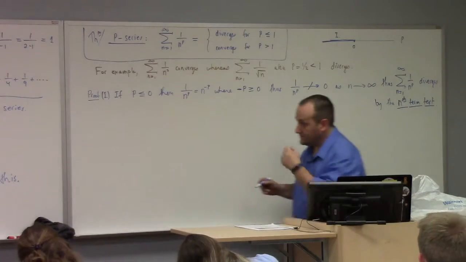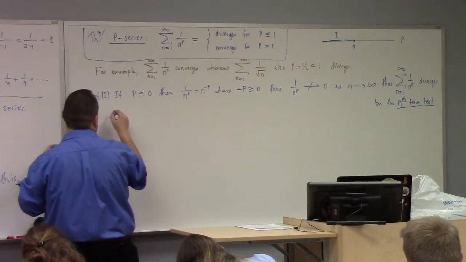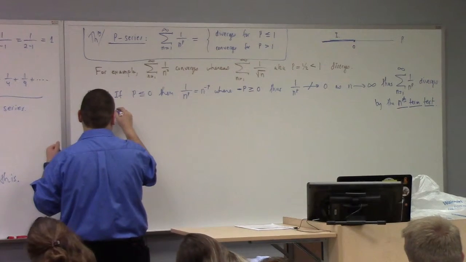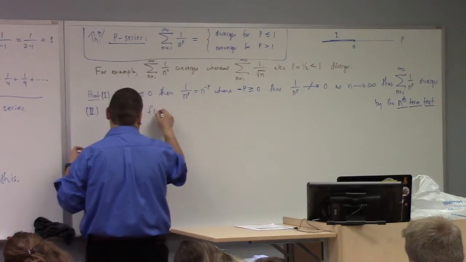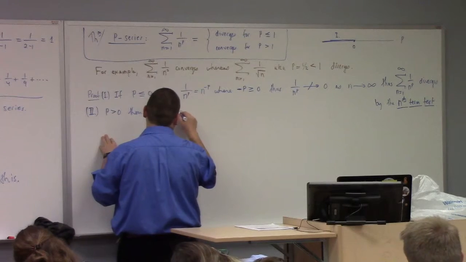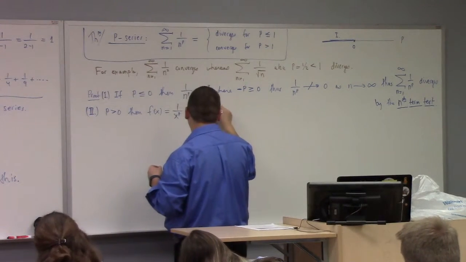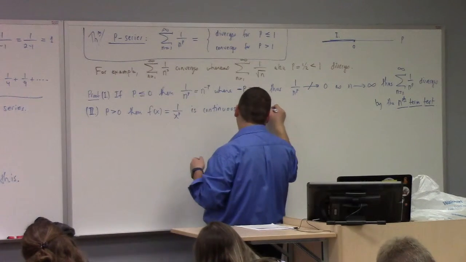Let's look at case 2. What's the other possibility? p is not less than or equal to 0, but p is greater than 0. Then f of x equals 1 over x to the p is continuous on 1 to infinity.